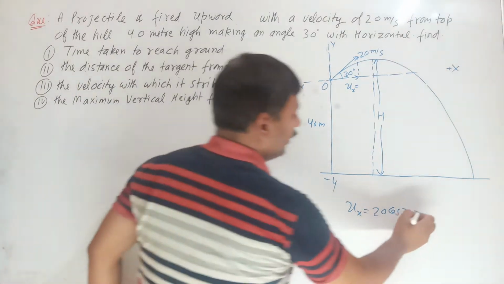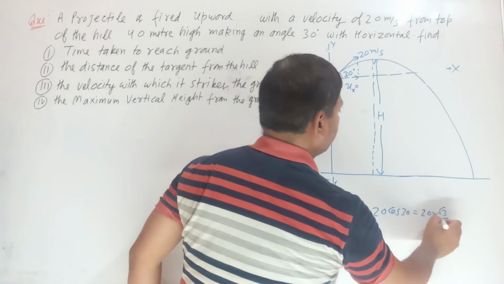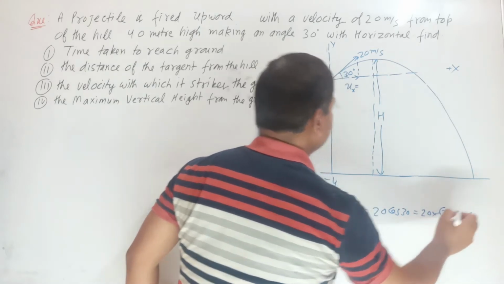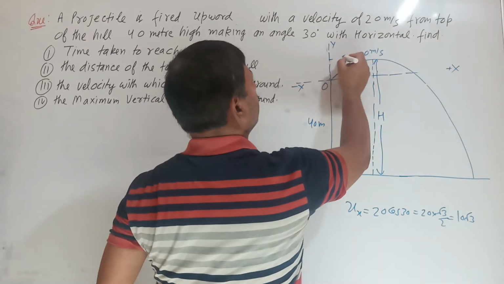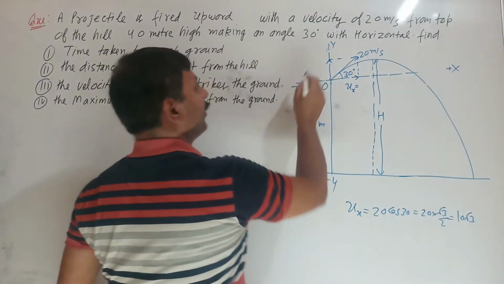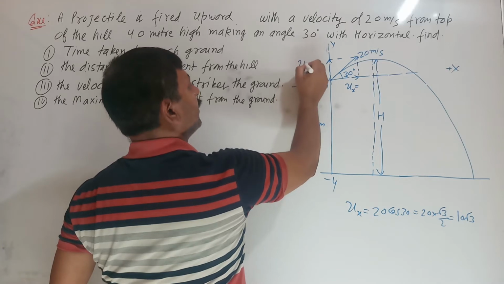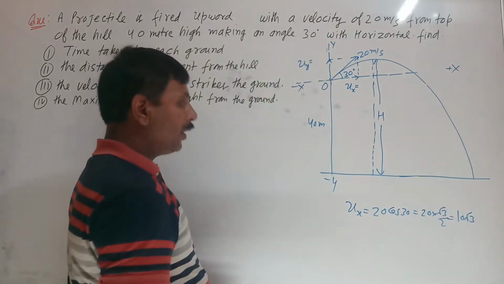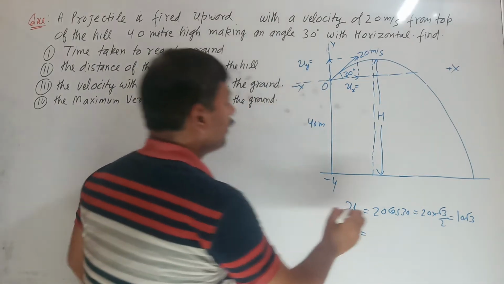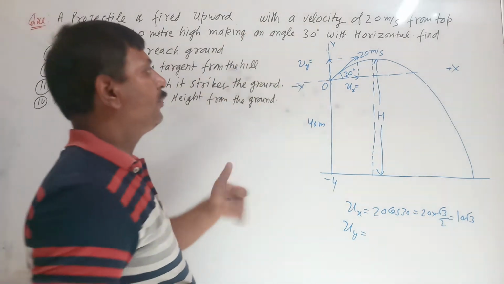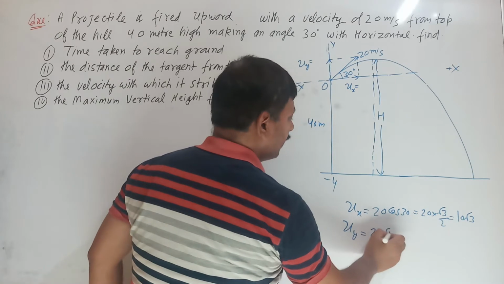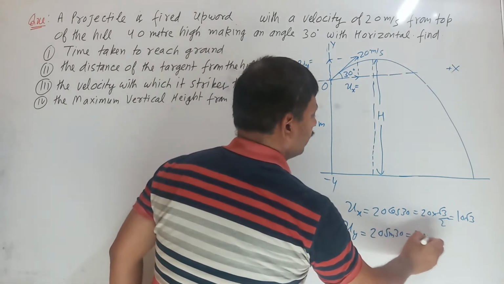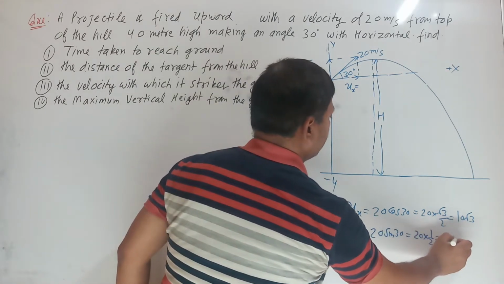Cos 30 is root 3 by 2, so that is 10 root 3. What will be the vertical component? If you see, this is the vertical component uy. The uy is equal to what? Upward I have taken positive, that's why positive, that is 20 sine 30. The sine 30 is 1 by 2, that is 10 meter per second.